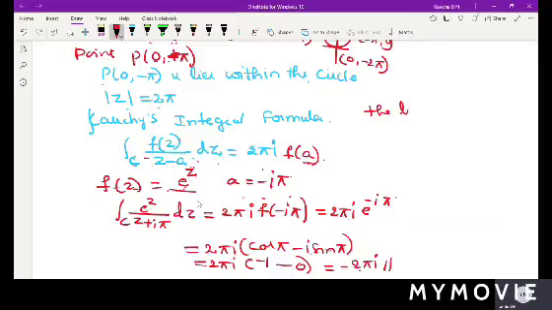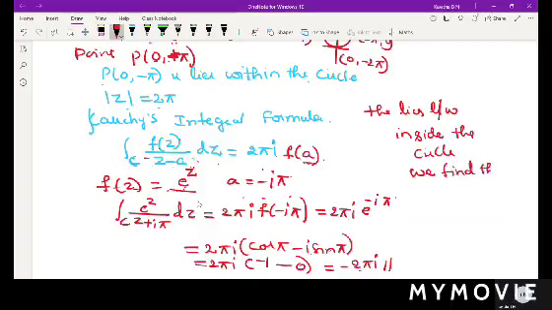If the point lies inside the circle, we need to find the values.